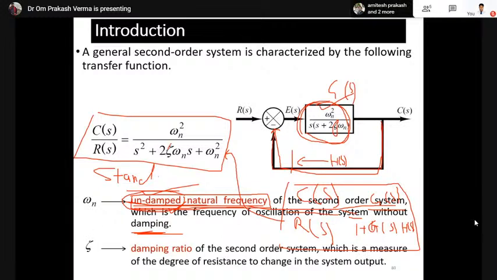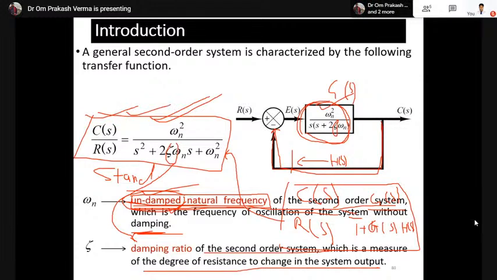Next is the zeta. Zeta is basically the damping ratio of the second order system, and it measures the degree of resistance to change in the system output. You have to remember this equation, because it is one of the most important equations of the control system and is widely used.